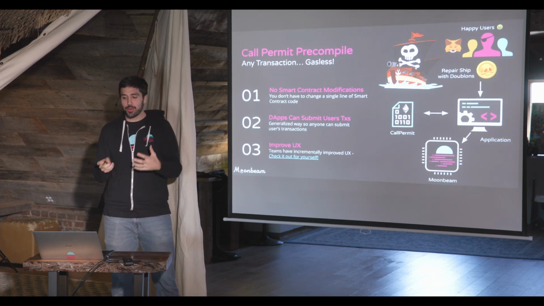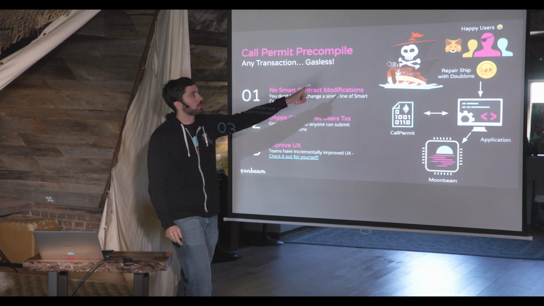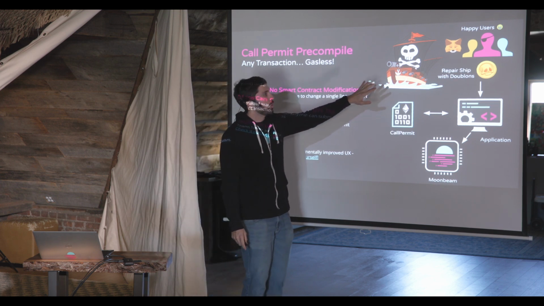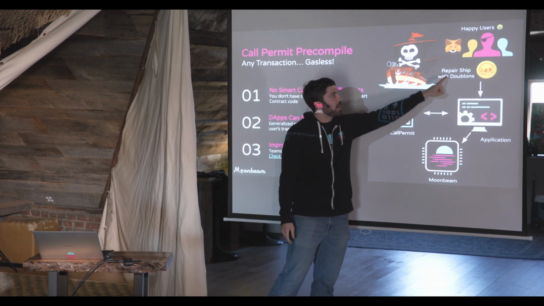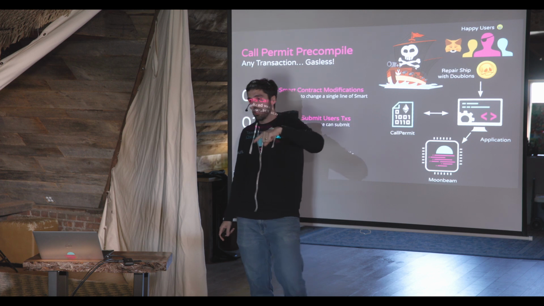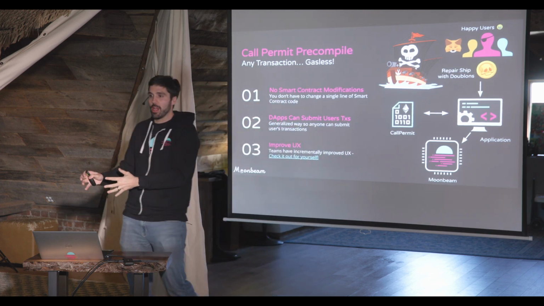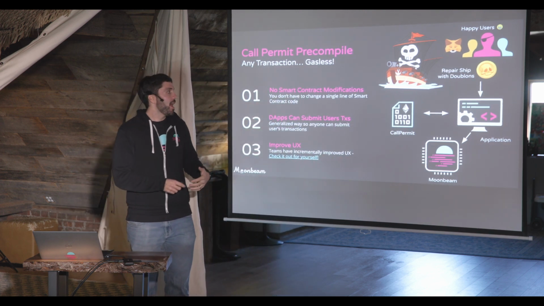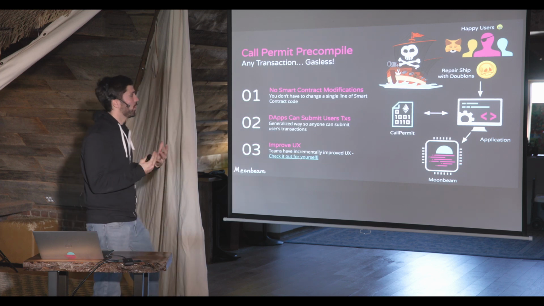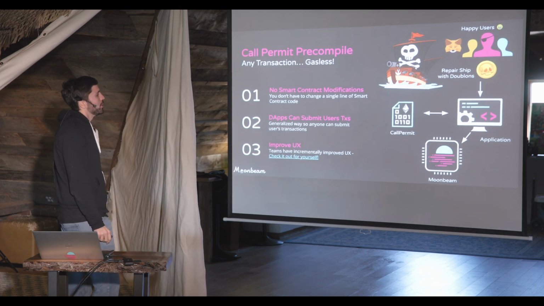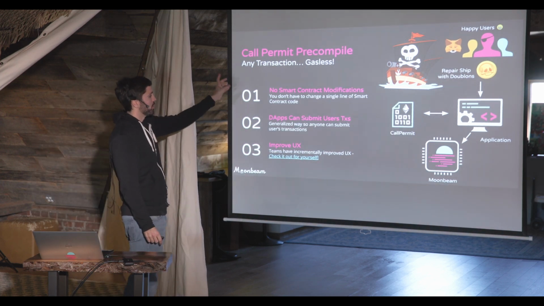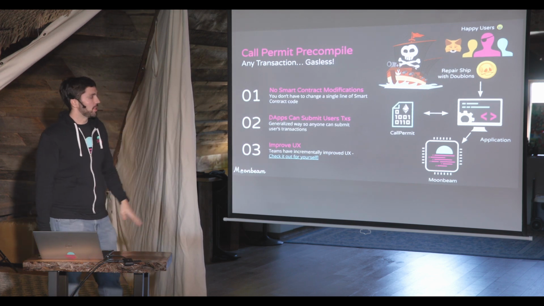So you could create a flow in which you can repair the ship, an on-chain transaction with doubloons, and then someone else would just pay the transaction in Glimmer, and that would be better for the end user experience. So like I said, no smart contract modification, dApps can submit user transactions, and overall you improve the user experience.